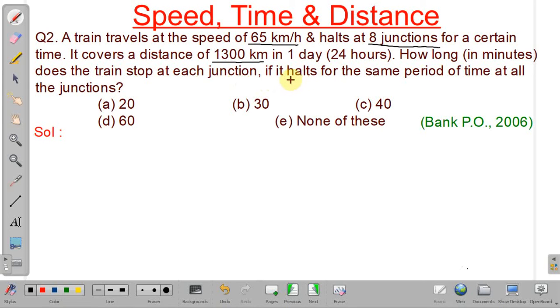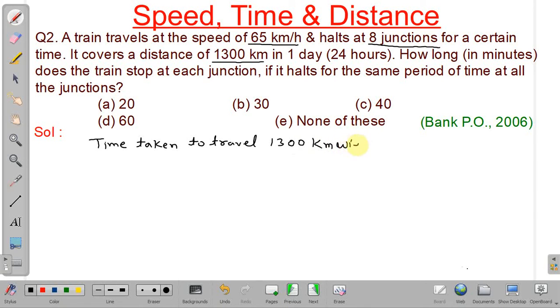So speed of train is given. So we can calculate the actual time required to travel 1300 km without any halt. So time taken to travel 1300 km without any halt.